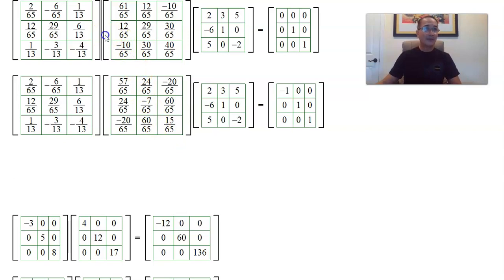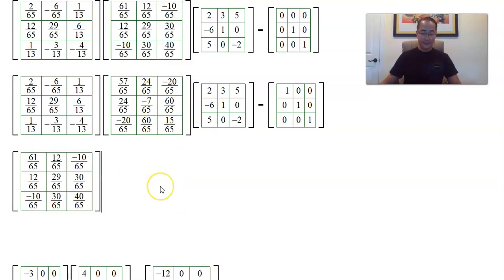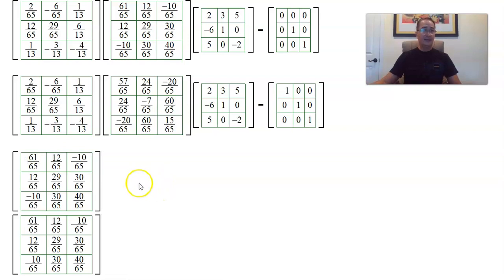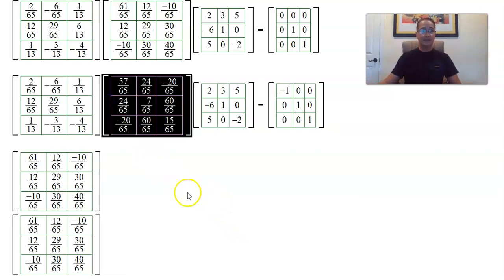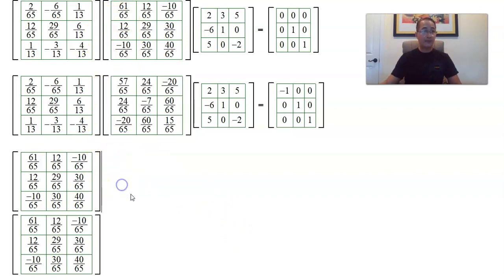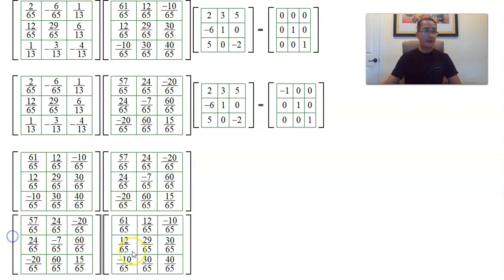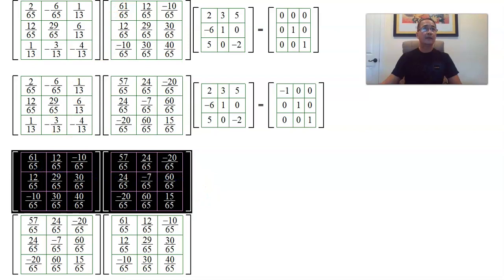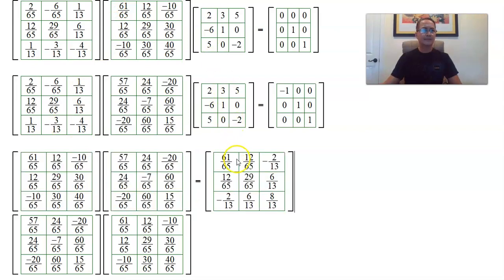Promise. First, 2 copies. Second matrix. So that starts with 61. This starts with 57. Put it on the right. Put it on the left. What do we get?